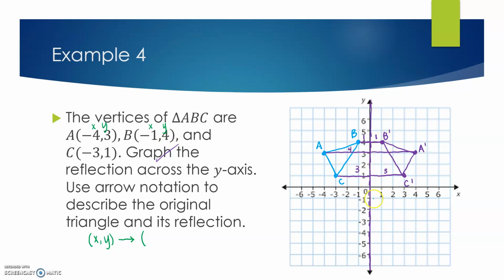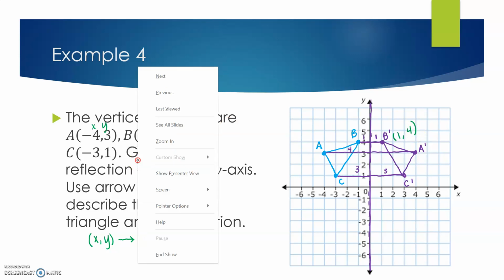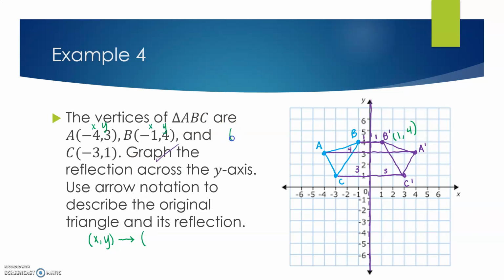The coordinates of B prime are (1, 4). If I look at (-1, 4) and (1, 4), what do I notice? The y stayed the same. The only thing that changed is the x, so I multiplied by -1.